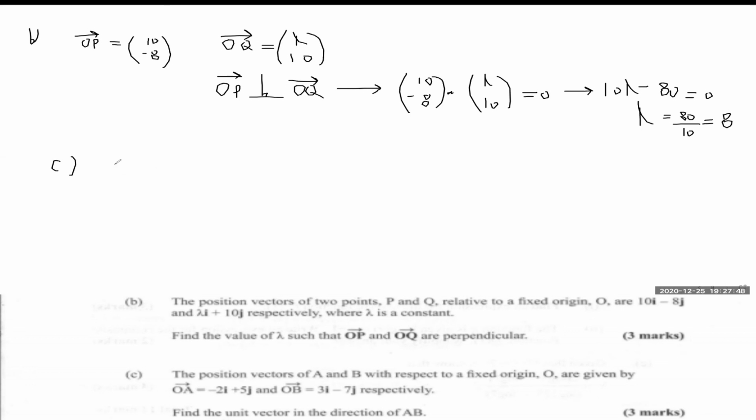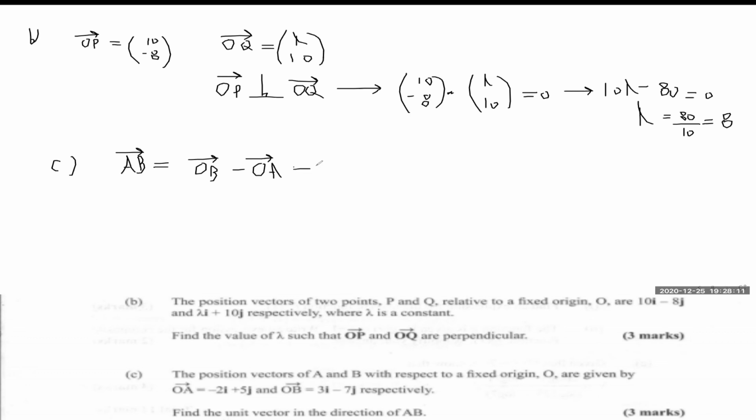Find the unit vector of AB. Now, first thing, before you can find the unit vector, you need to find the vector AB. The vector AB is equal to the vector of the last, which is OB, minus the vector of the first, which is OA. So AB is OB minus OA.